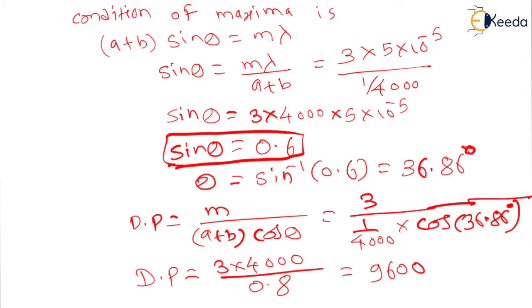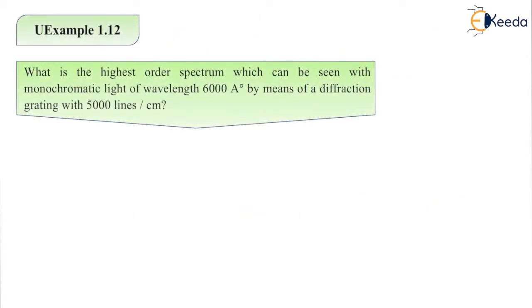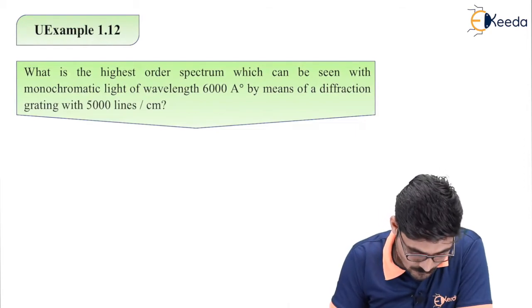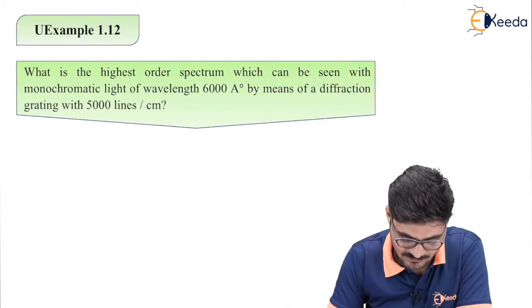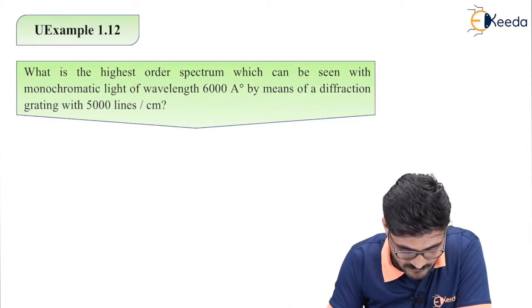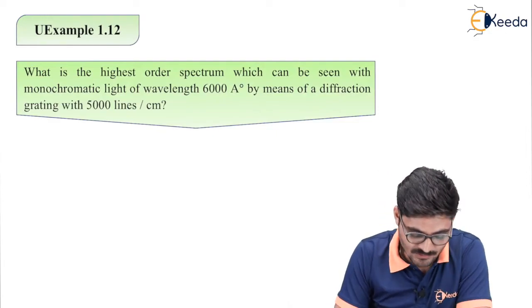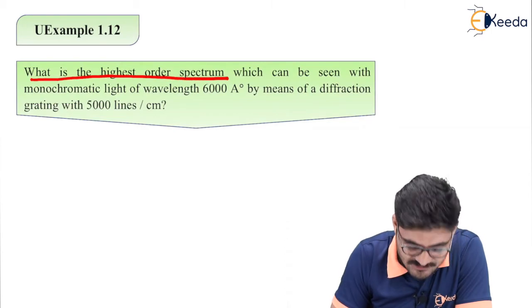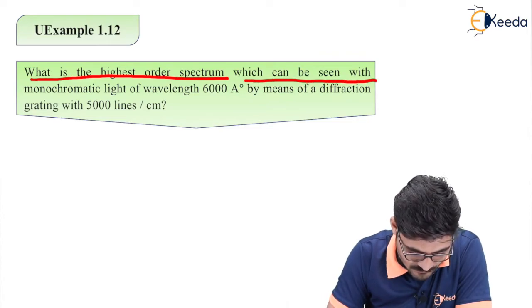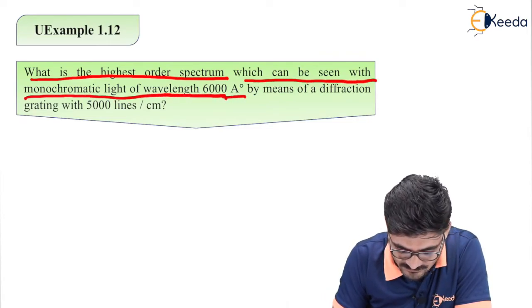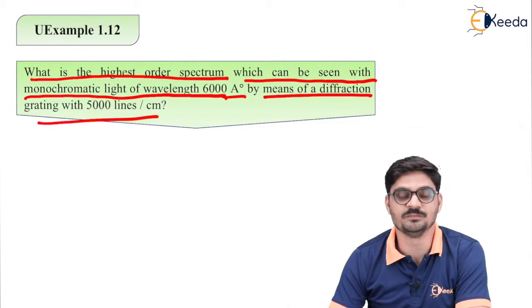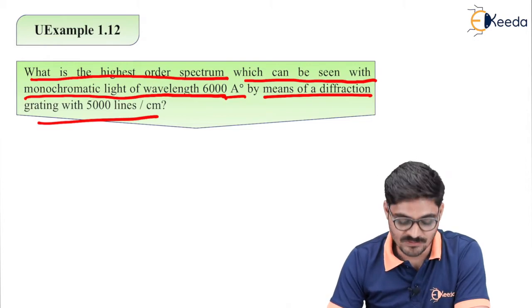Now moving towards the next question. What is the highest order spectrum which can be seen with the monochromatic light of wavelength 6000 angstrom by means of a diffraction grating with 5000 lines per centimeter? Okay, what is the highest order spectrum which can be seen with a monochromatic light of wavelength 6000 angstrom by means of a diffraction grating having 5000 lines per centimeter?